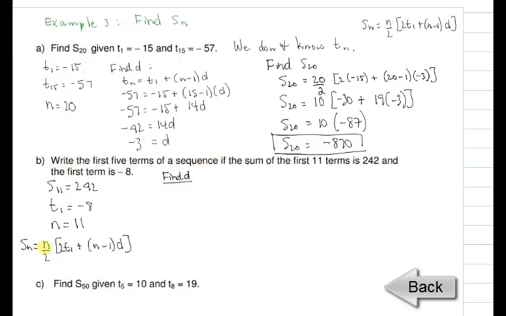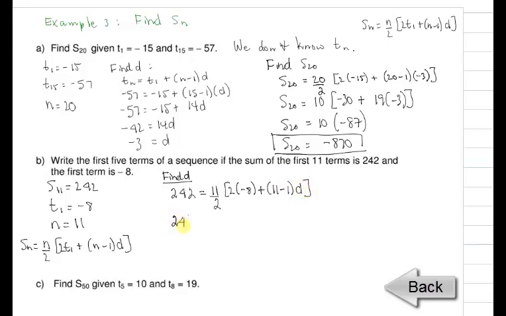Okay, so we're going to use this formula, and we're looking for d when we know that S11 or s subscript n is 242, so I'm going to substitute that in for s subscript n. We know that n is 11, so divide that by 2. 2 times our first term, which is -8, plus 11 minus 1 times d.